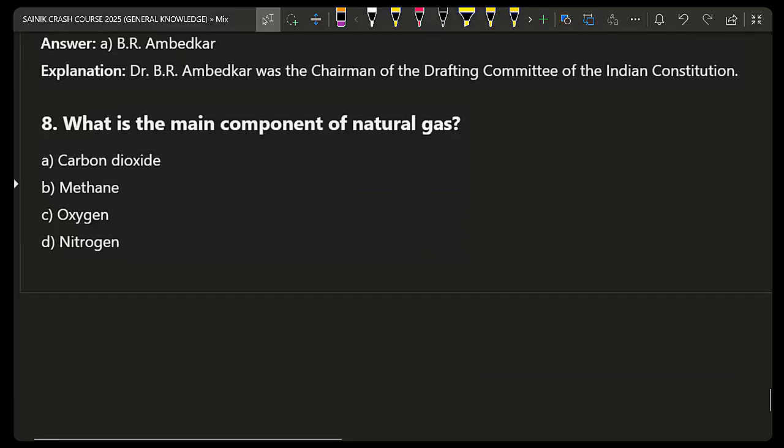Option C, oxygen. And option D, nitrogen. Which is the main component of natural gas? We got the question in one of the previous exams also.